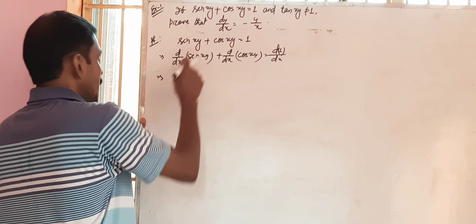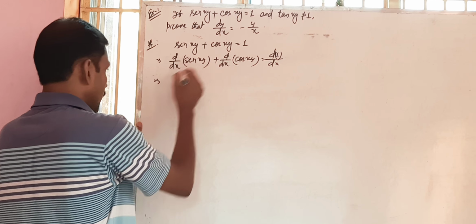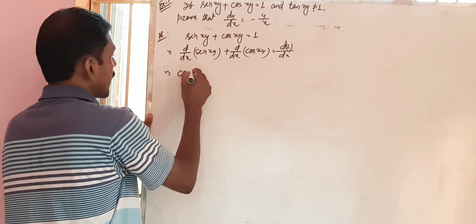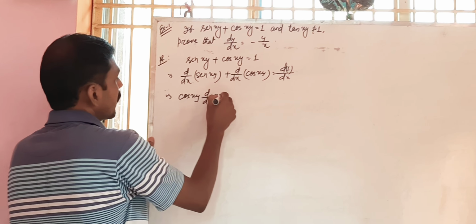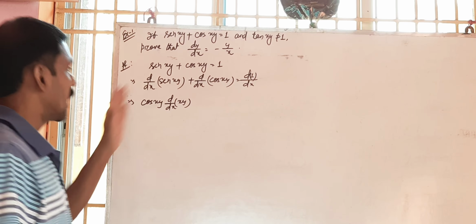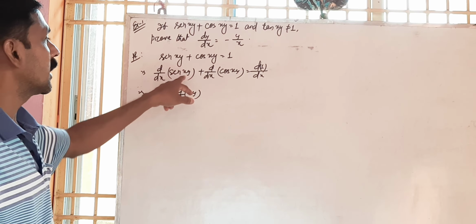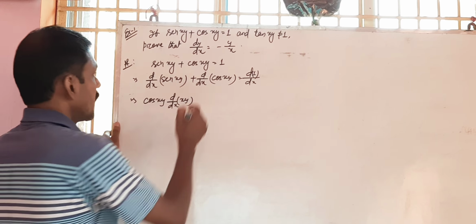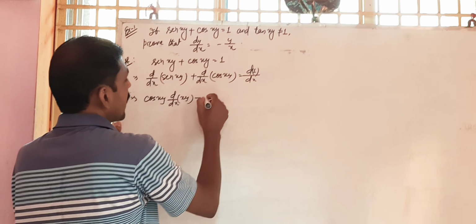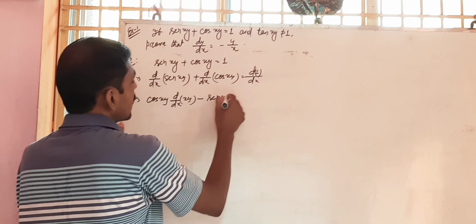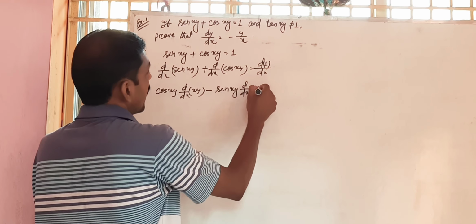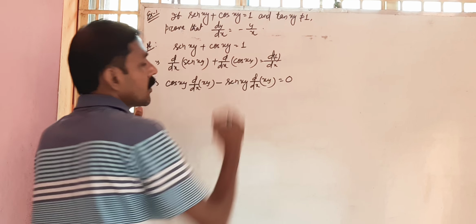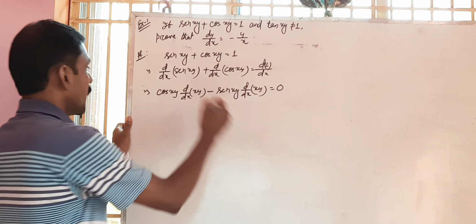Now first it is sin theta, so the derivative of sin theta is cos theta, here theta is xy. So cos xy into the derivative of xy, chain rule. The first function you leave, then the derivative of this. Similarly, the derivative of cos is minus sin, so it is minus sin xy into d by dx of xy equal to 0, the derivative of a constant.